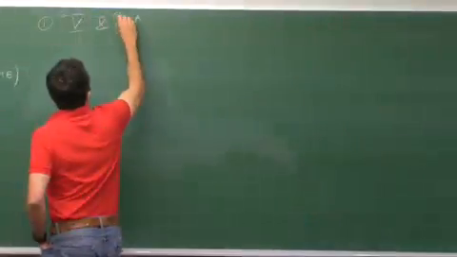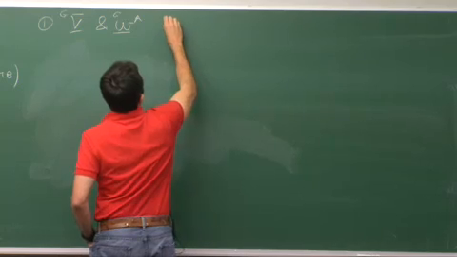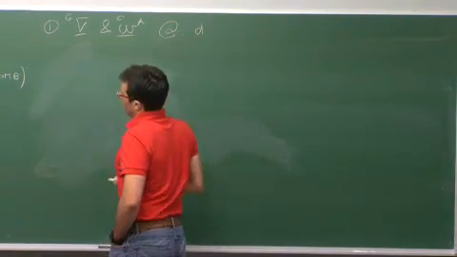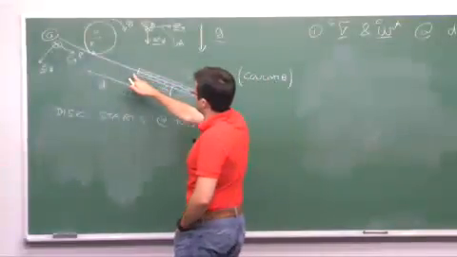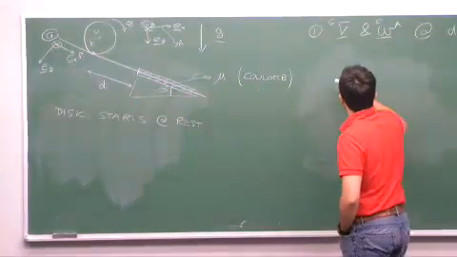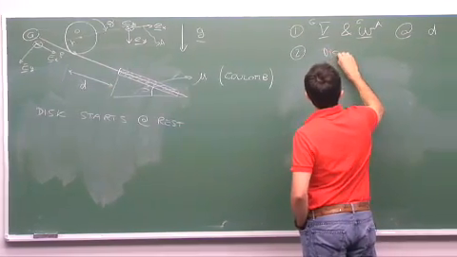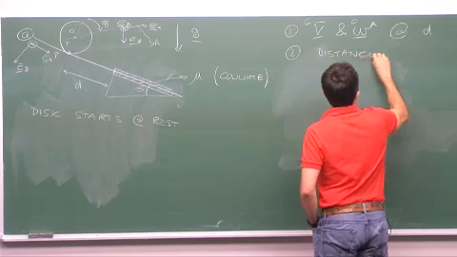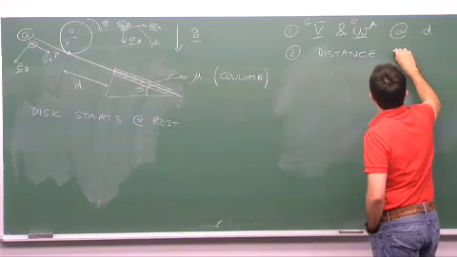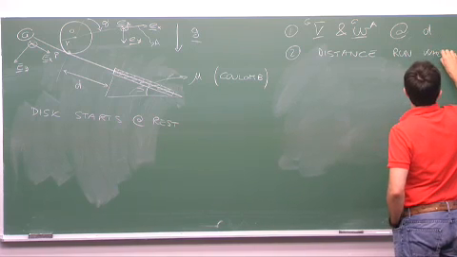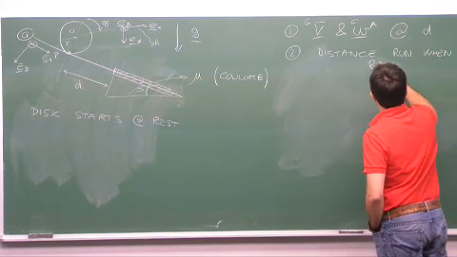So omega A with respect to G, at point D, when you reach this friction portion here. And then the second one is the distance the disk runs when roll starts.